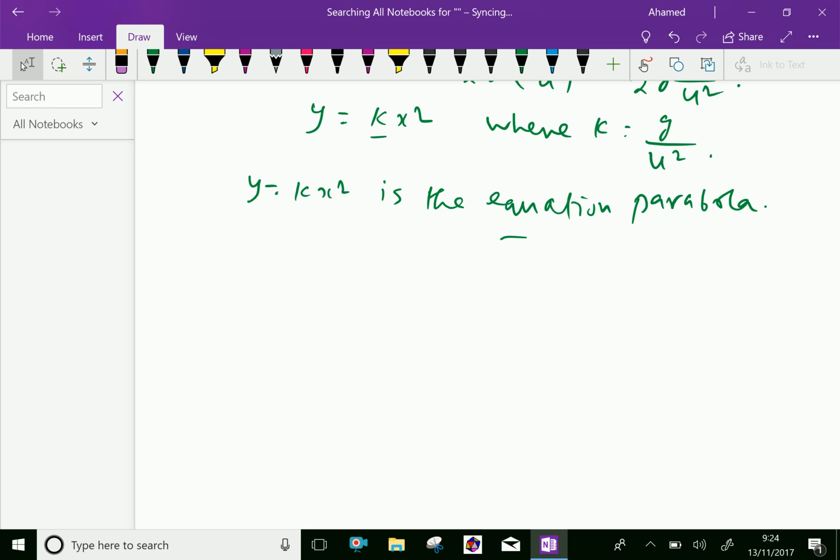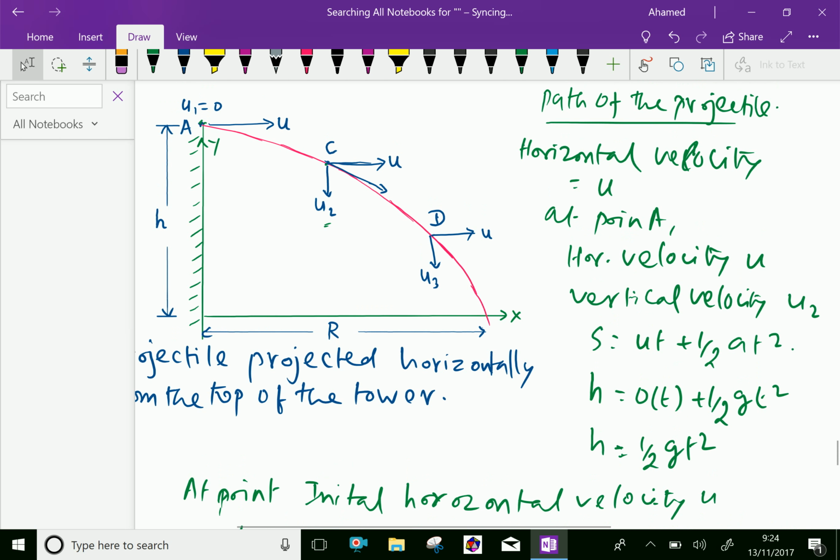Now we'll talk about the resultant velocity at point C. Here at point C, we will calculate the resultant velocity.